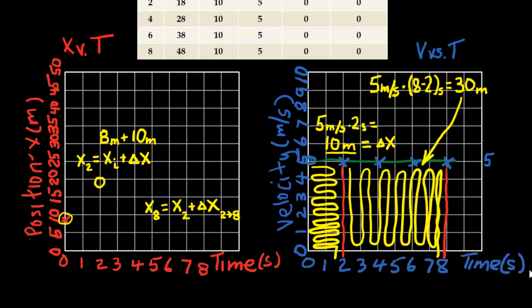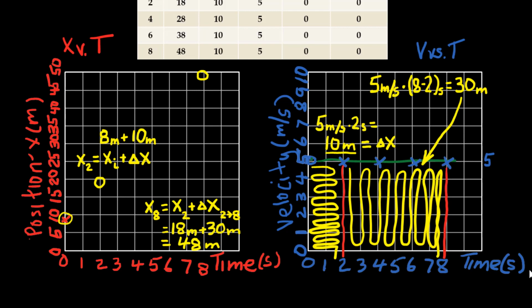Our position at 8 seconds will be our position at 2 seconds plus the change in position, known as our displacement, from 2 to 8 seconds. We started off at 18 meters and we went another 30 meters, so our position at 8 seconds is 48 meters. Let's go ahead and plot that.